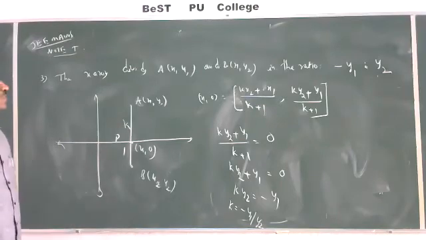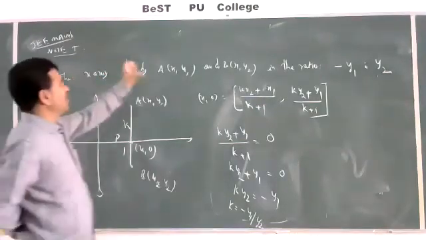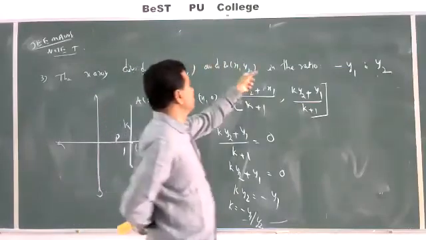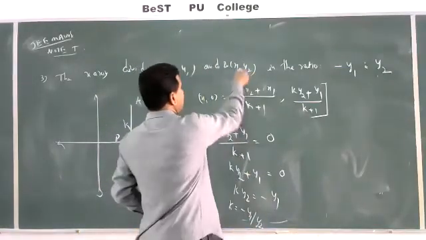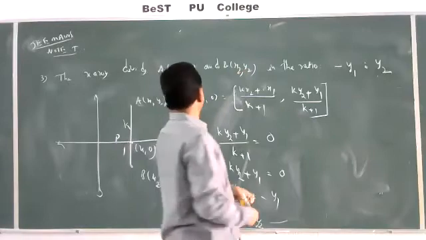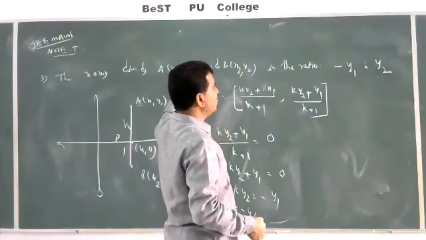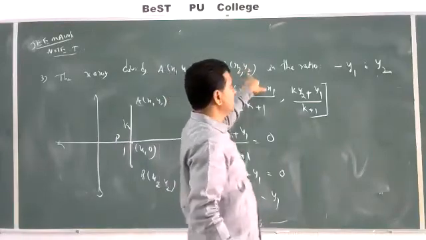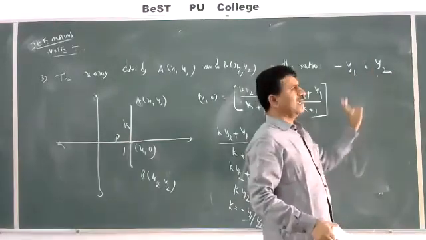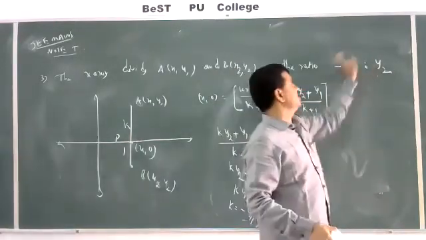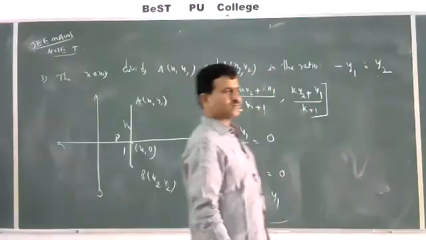Now the proof is done. So the x-axis divides A(x1, y1) and B(x2, y2) in the ratio, what is the answer? Simply minus y1 is to y2. If the ratio is positive, it is internal division. If the ratio is negative, it is external division.